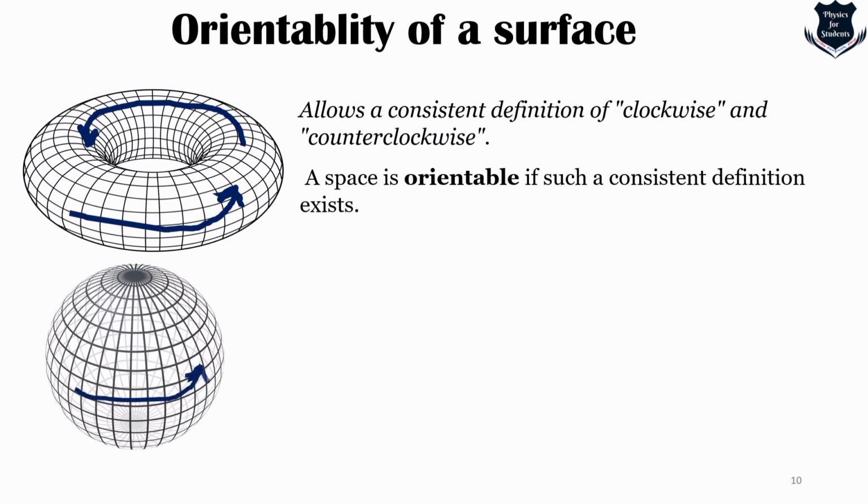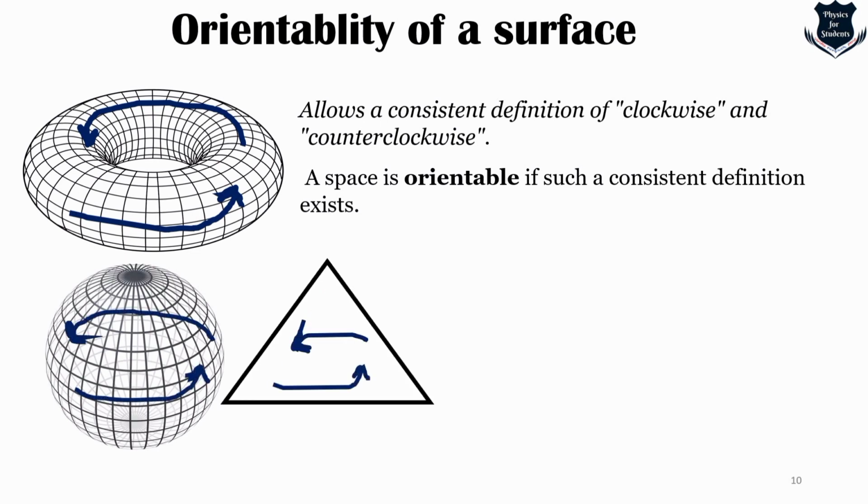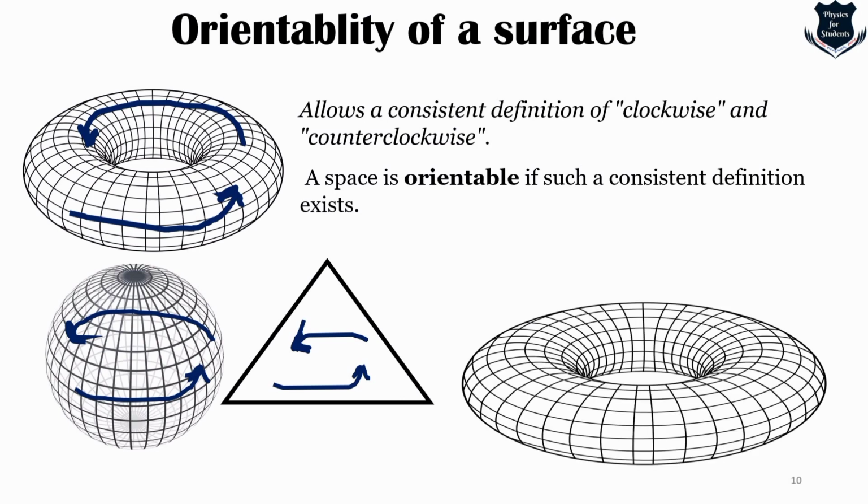So here on a sphere, if I go this way and if I go this way, nothing really changes. The same happens with a triangle. Let me demonstrate it with a torus. Say I'm standing on the torus and I start moving in this direction, and then in this blue direction, and then here, here, and here.